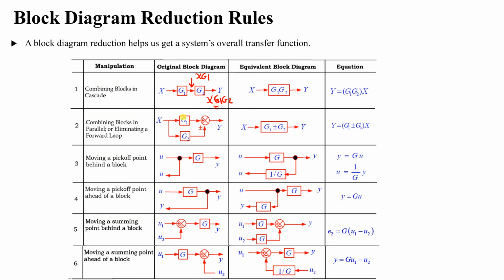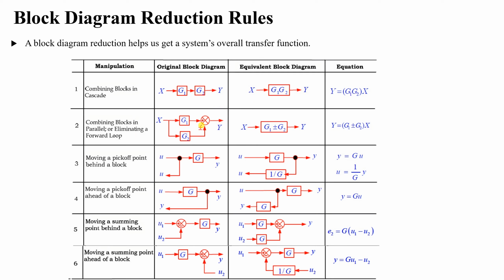So Y is equal to X multiplied by G1 G2, which means we can say X as an input, Y as an output, and between them the gain G1 G2. So you convert it from 2 blocks to 1 block.